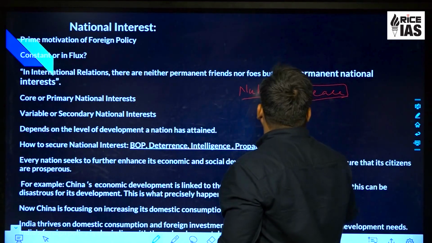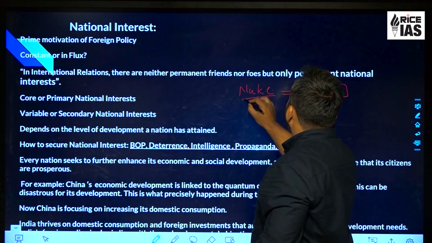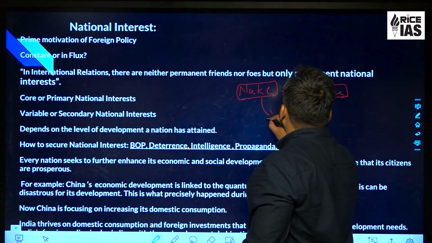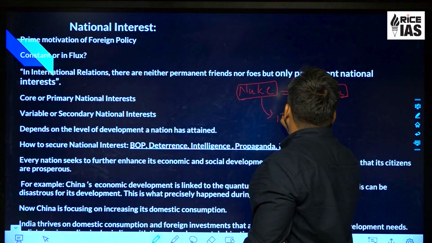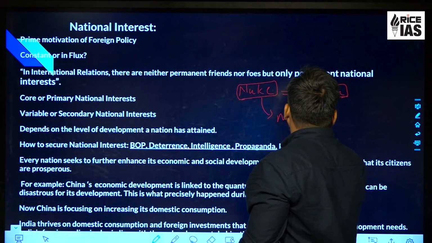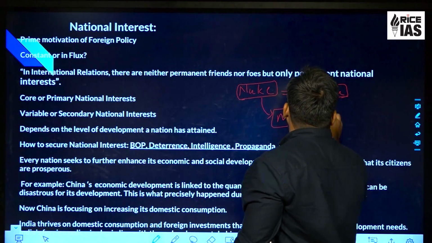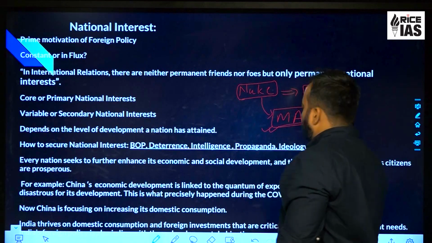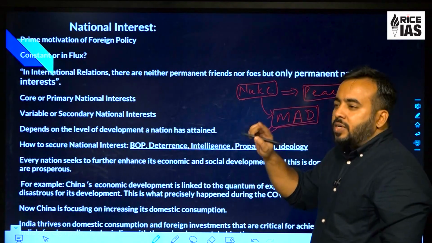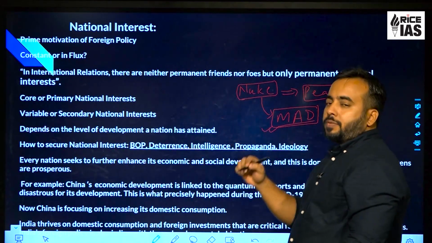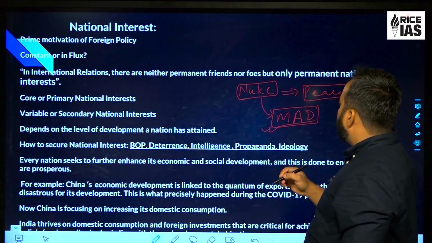Why? Because countries know that use of nuclear weapons might lead to mutually assured destruction, MAD. So countries do not escalate the war. This is called nuclear deterrence.